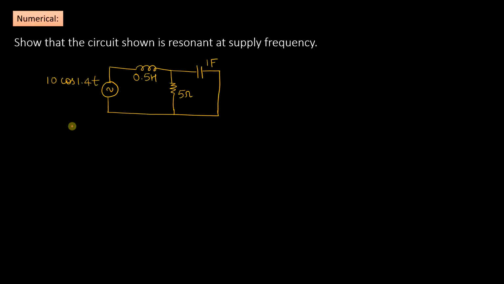So from this circuit, what I see is you have the voltage that is specified to be equal to 10 cos 1.4t, and this is the supply voltage.